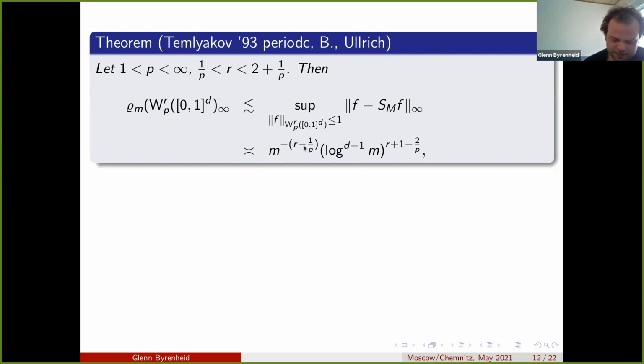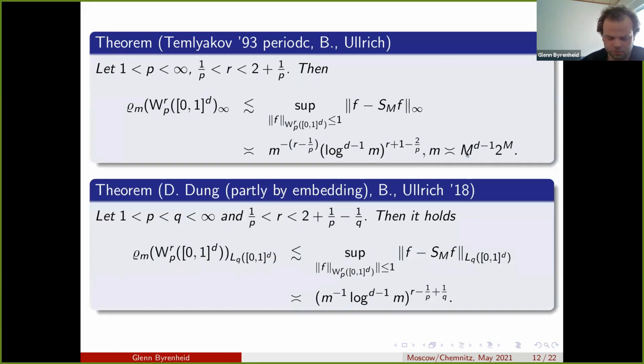Here we see the effect that if we have different integrabilities between source and target space, we pay some price in the rate. So we have to subtract from the smoothness the integrability of our model space, multiplied with some logarithm. And this m is chosen in relation to the number of function values we want to use. Additionally, we could complete the picture for L_q, measuring the error in L_q.